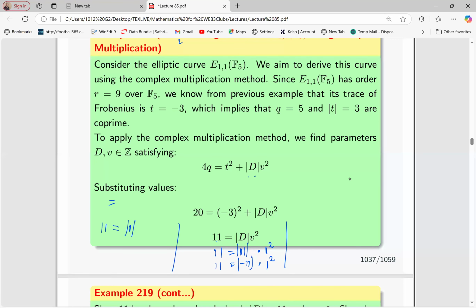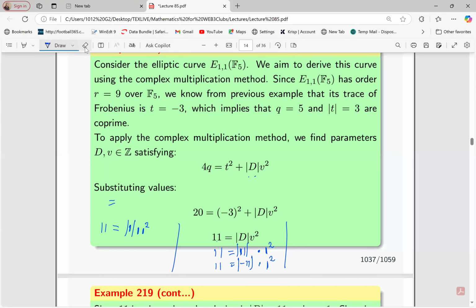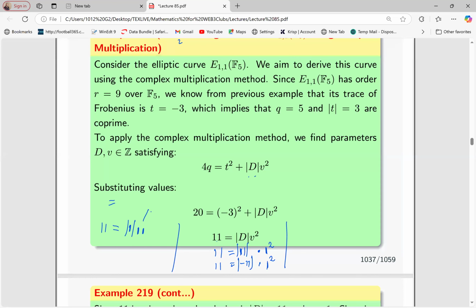I don't know whether that is an option. I don't know whether that is correct. We shall see if 11 has a square root. If 11 has a square root, we shall see. Because if 11 has a square root, you know what this means? This means that V is the square root of 11.